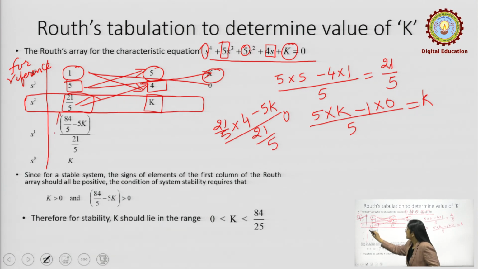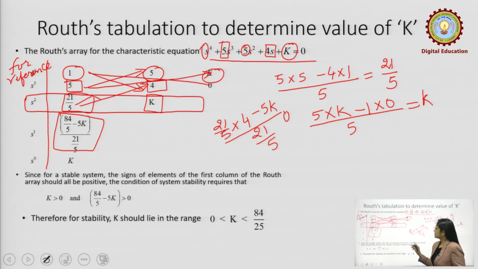So, this fourth row first element is obtained, and we can see that it is 21 by 5 into 0. So, this is minus 0, this will come out to be 0, and this is k, and this element is not there here.